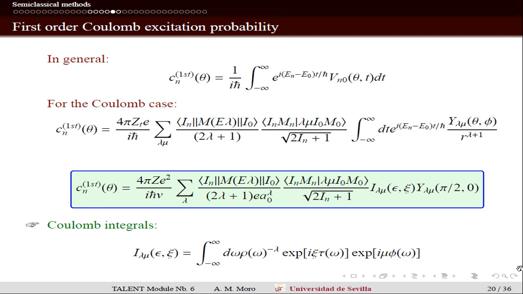This is an integral in time, so we can extract from the integral everything that does not depend on time, and the only thing that depends on time is actually the distance r. It depends on time because we have a time-dependent trajectory. So this distance is evolving in time, so we cannot just single it out from the integral.